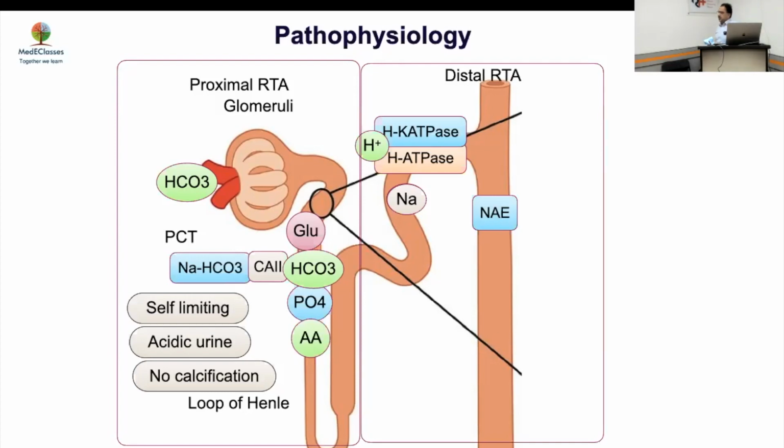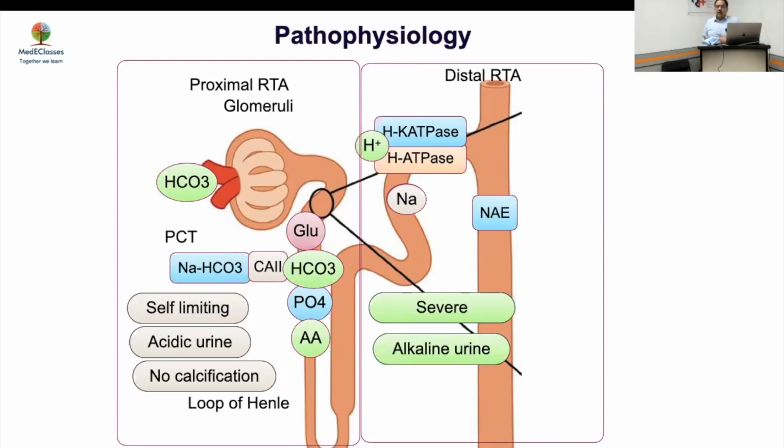Now in distal RTA, the problem is that you are either not able to pump the proton in or the proton leaks out. So basically you're not able to excrete the proton. It is severe because there is no self-limiting. It keeps on accumulating. Every day you will have 1 millimole extra. You're not able to take it off, so it will be more severe.